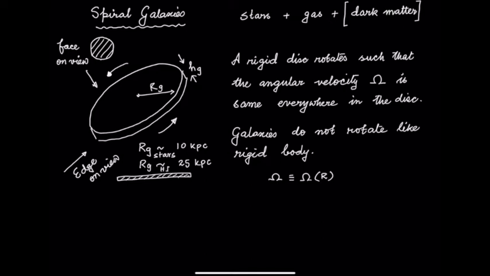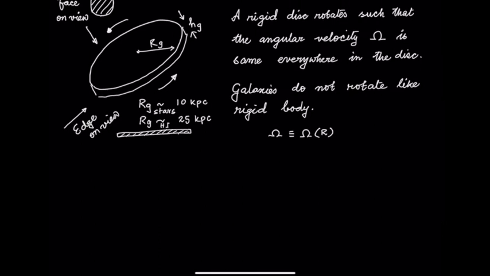Now, in one of the prerequisite lectures, you have seen that you can measure the velocity of the H1 gas in different parts of the galaxy. The velocity that we measure can be the tangential rotation velocity. If it is rotating, I can define a tangential rotation velocity, and we know that it is r cross omega, so r omega essentially.